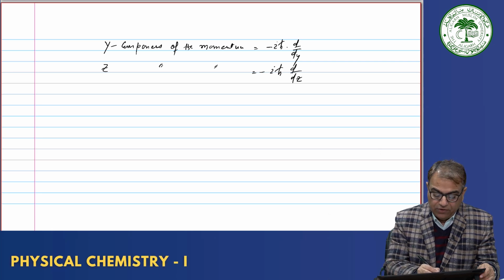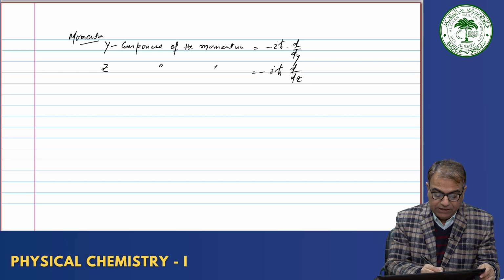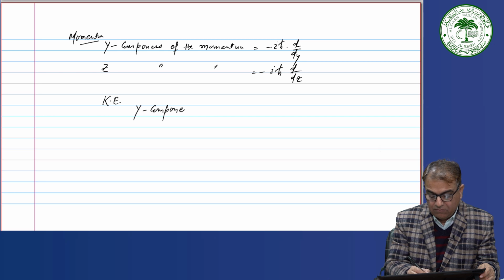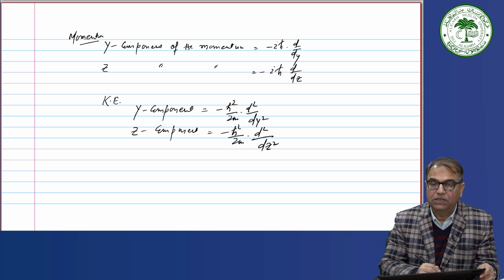Same way for momentum, and for energy, minus h cross square divided by 2m d square by dy square, and z component will be d square by dz square.